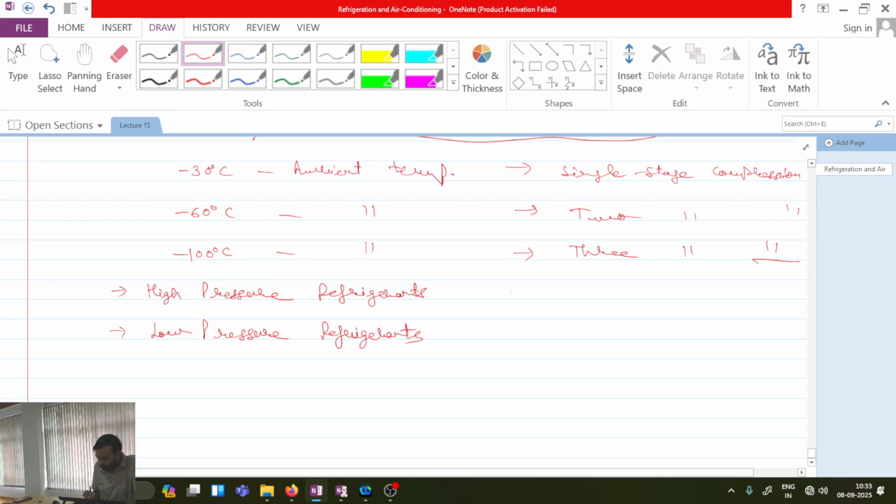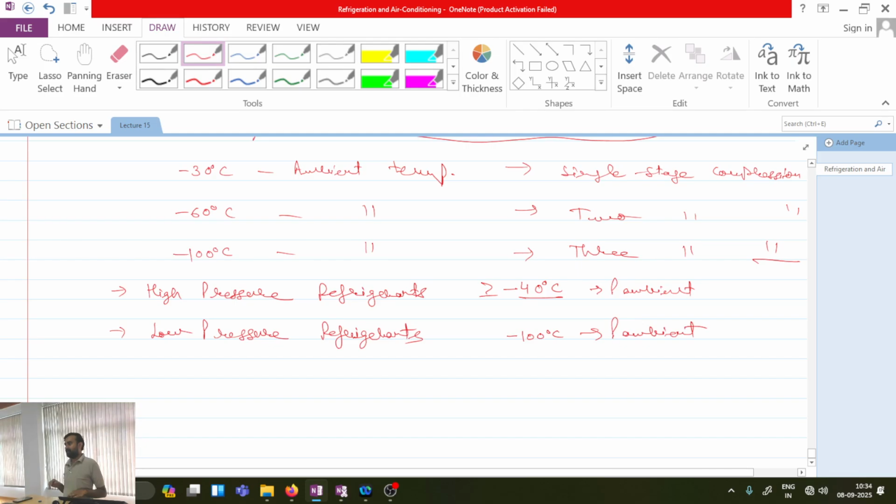The refrigerants whose boiling point is close to minus 40 degrees Celsius at ambient pressure, minus 40 or more, are called high pressure refrigerants. And the refrigerants whose normal boiling point is say minus 100 or even smaller at ambient pressure are called low pressure refrigerants.